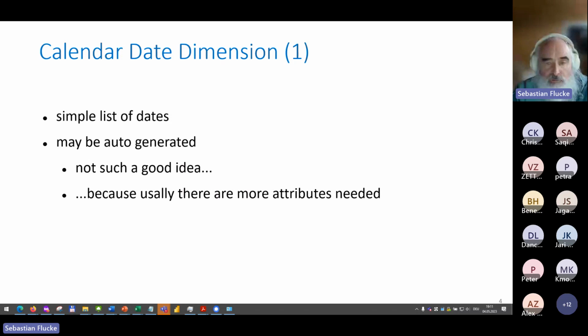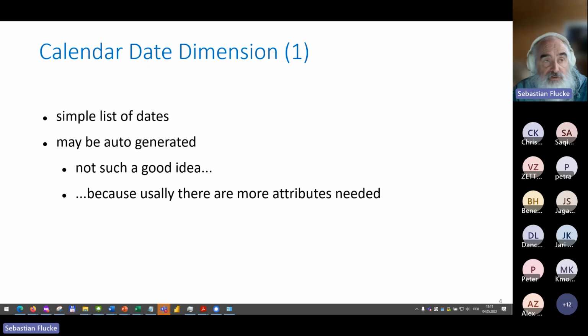So first of all, a date dimension can be a simple list of dates. In that case, there's not such a big need for a date dimension, but a simple list of dates is usually not enough. We need more information. Some of the tools, as well as SQL Server itself, offer the possibility to auto-generate date dimensions.